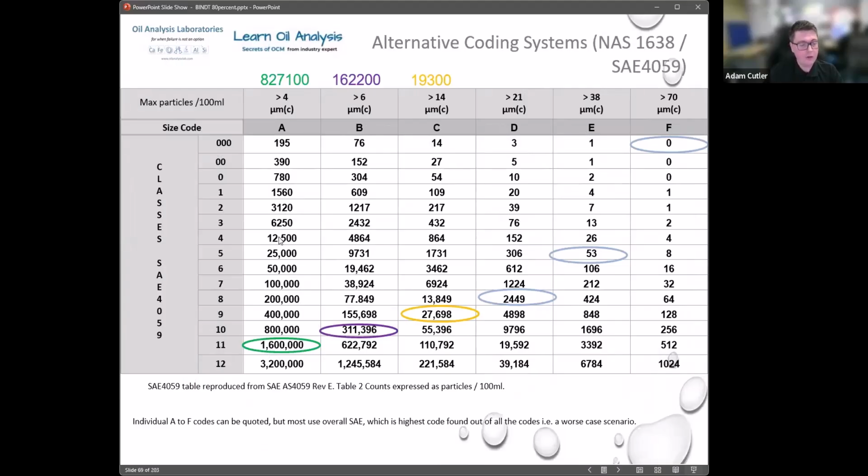On the 4 micron, we had this code, it's an 11 because it's the worst one. You could have a million particles here, but just 512 of the greater than 70 microns count would give you the same. And this is per 100 mil, not per mil on these. So these are 100 times stricter than you would see on your standard particle counting measurements.